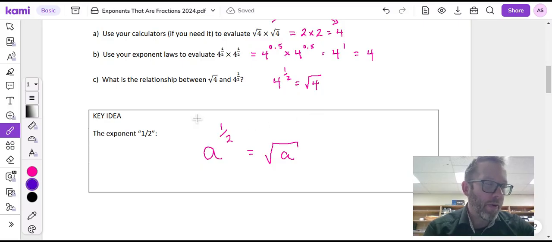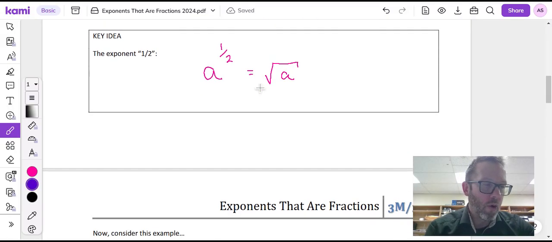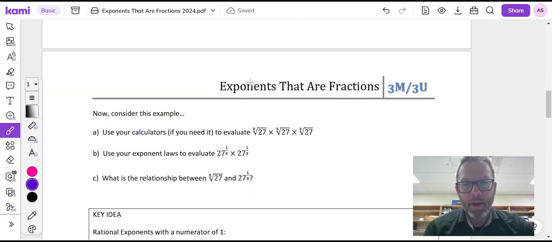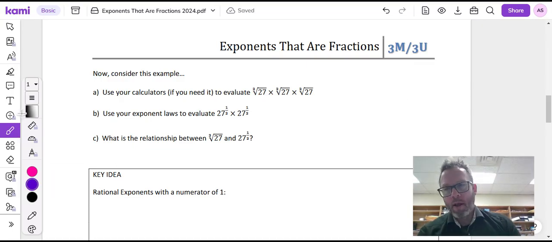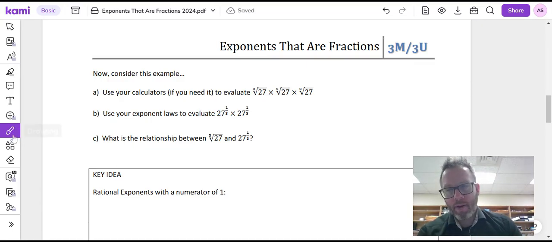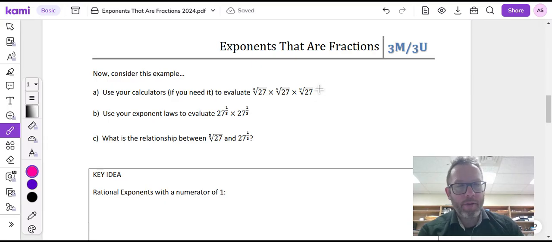But what about other exponents that are fractions or decimals? So I have a similar example here, looking at the third root of 27. Now, again, this one, you can probably just write down the answer to, but I'll show a step here. What is the third root of 27 times itself 3 times?